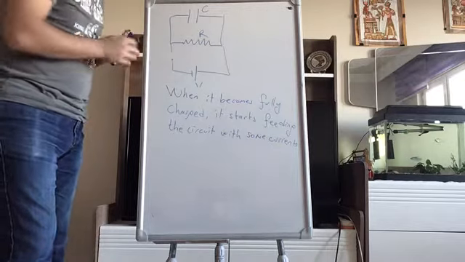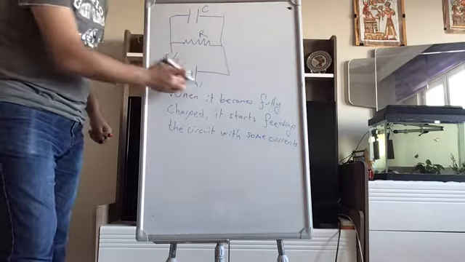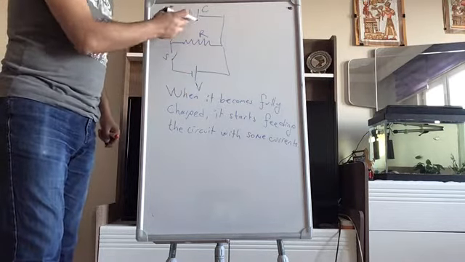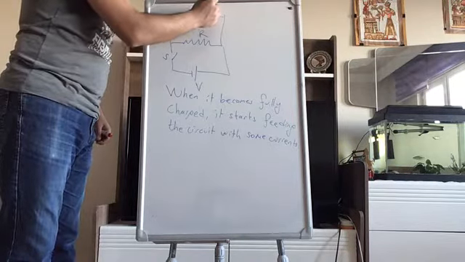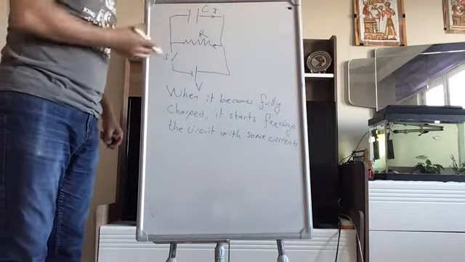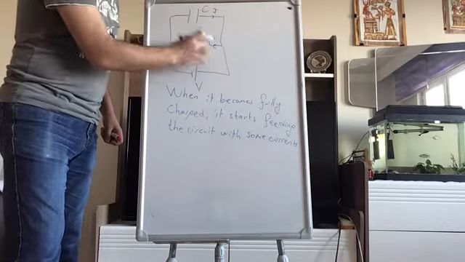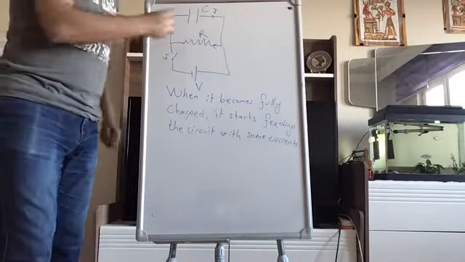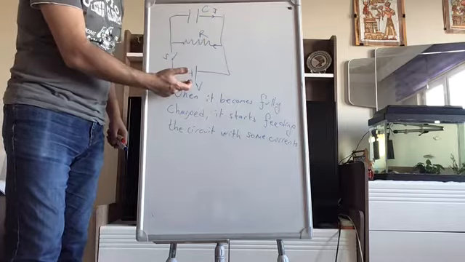So for instance, if I turn off this switch, so I disconnect the power supply, since this capacitor is now fully charged, it starts feeding the circuit with a current, and it runs the current over the R, so you can still have some use of the resistance. What kind of example can I give? For instance, this is the battery of your phone, this resistance is your phone, and this is the power supply.